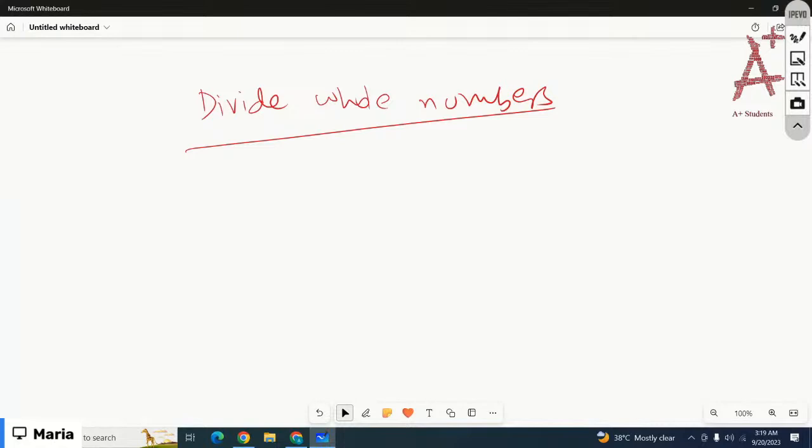Okay, so let's just start with an example. 598 divided by 23, right? Let's just see how do we divide them.